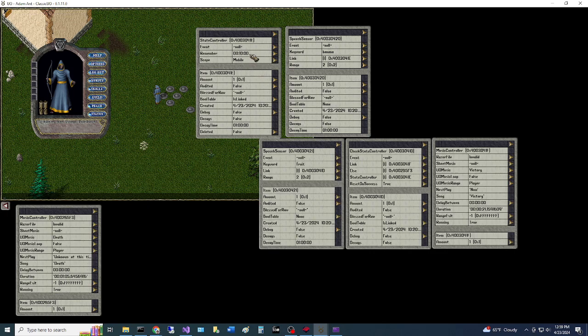The other thing the state controller has is a memory. So it's basically a timeout. It's saying how long you have to complete the quest. So for this quest, I give the player 10 minutes from the time he says banana till the time he says fruit. If he doesn't get fruit, then the state controller will forget about him.